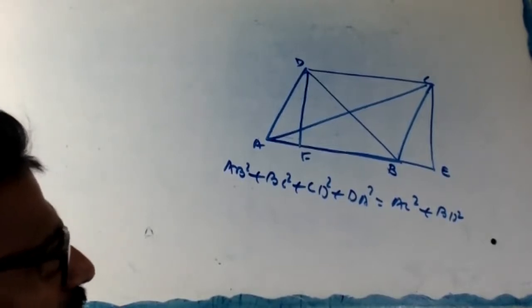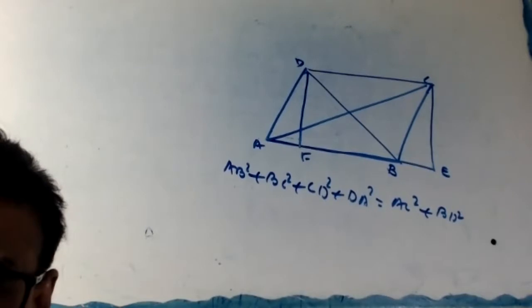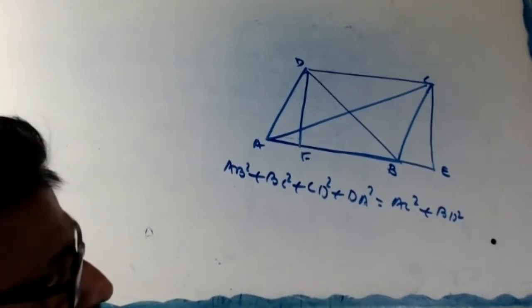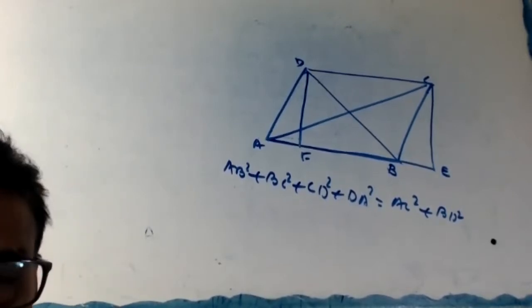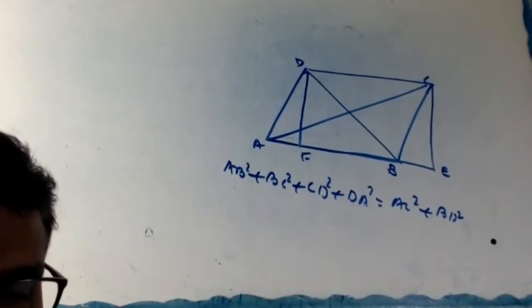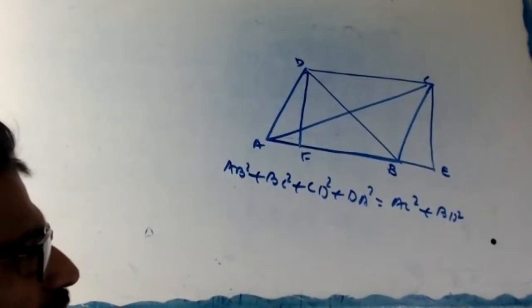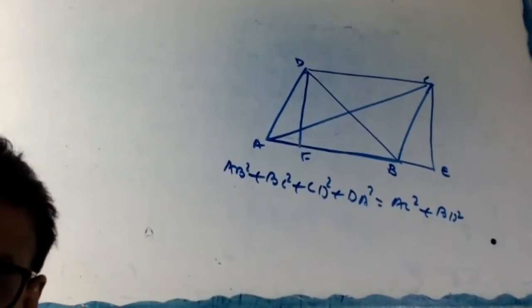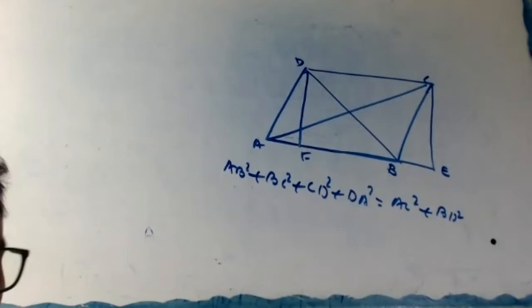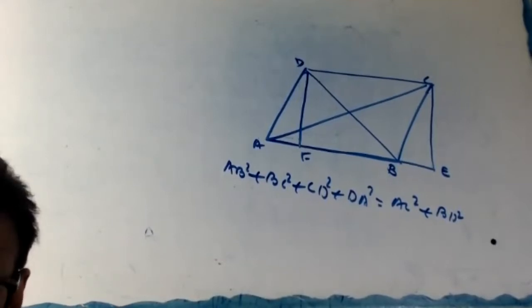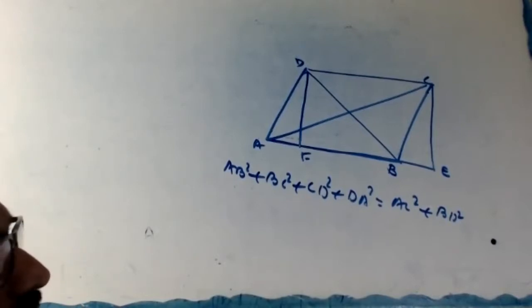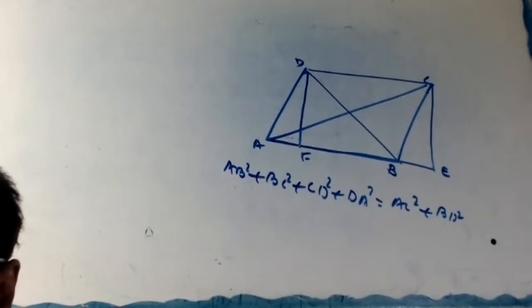Opposite sides of a parallelogram. DF equal to CE. What is the reason? What will be the reason? No, not rectangle.